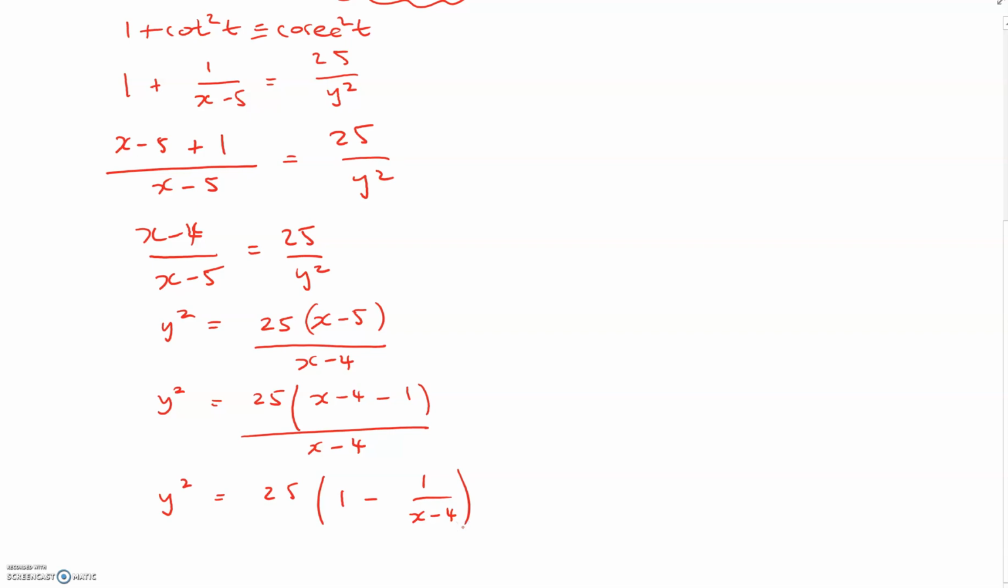So there's our Cartesian equation. That's what they wanted. It's probably fine to leave it like this. That's exactly how they want it, but in the book they've written it slightly differently.